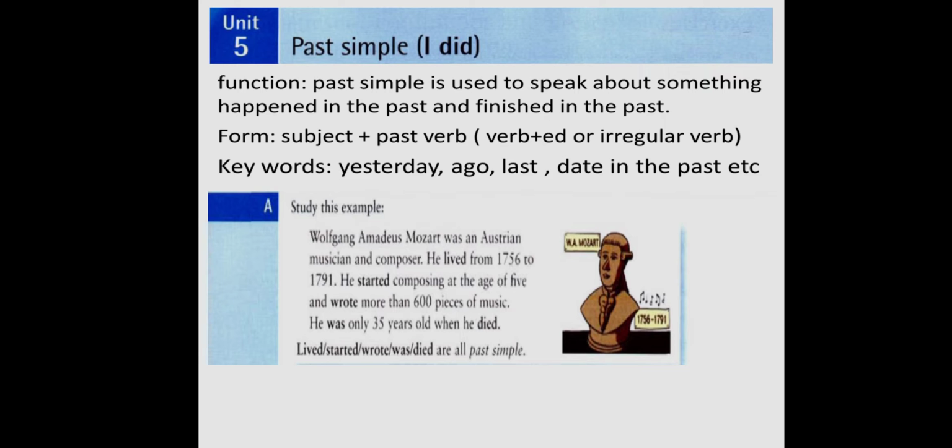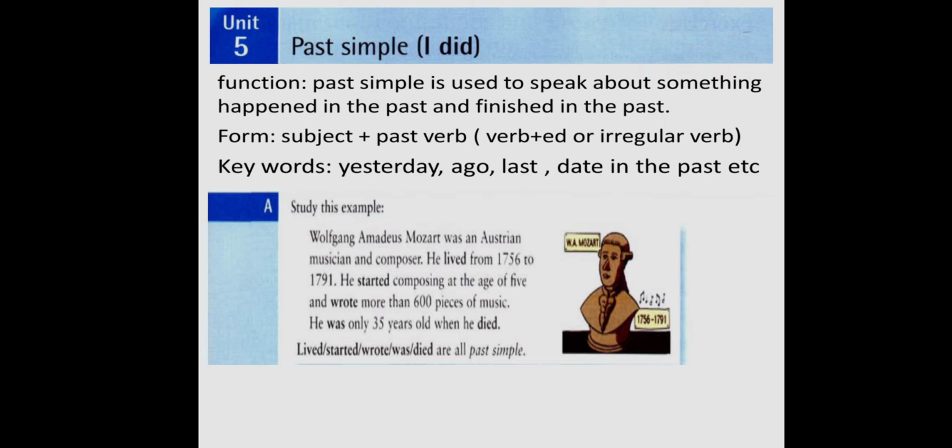In the case of irregular verbs, we have I went, they went, he went, she went, it went. The verb is go, and go is changed into went in the past. The base form is go, and the verb in the past is went.